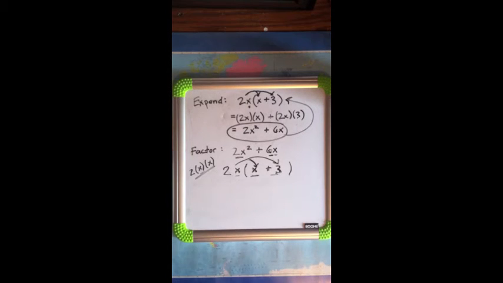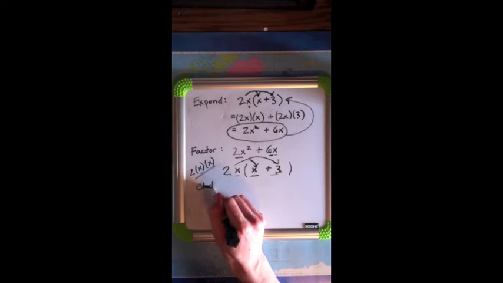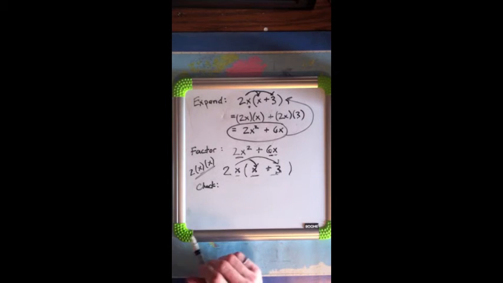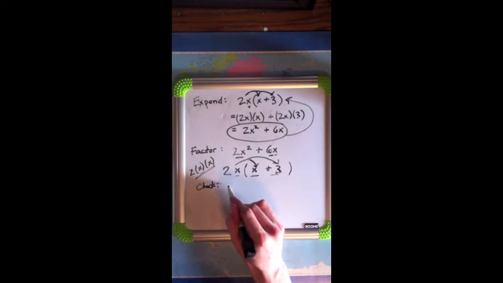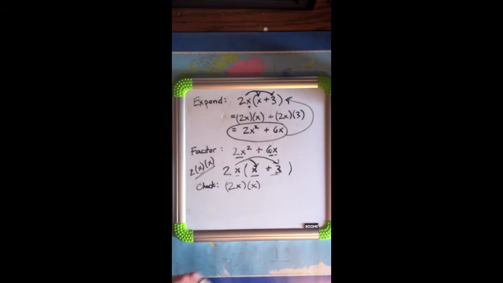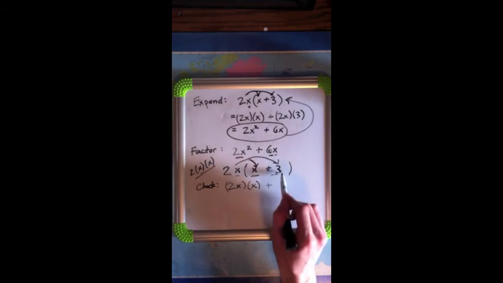Because if you expand this back out, what you will see is that we get exactly what we started with. So let's do that. We'll check, and we'll say 2x times x plus 2x times 3.